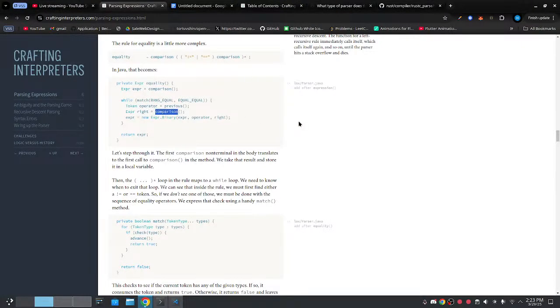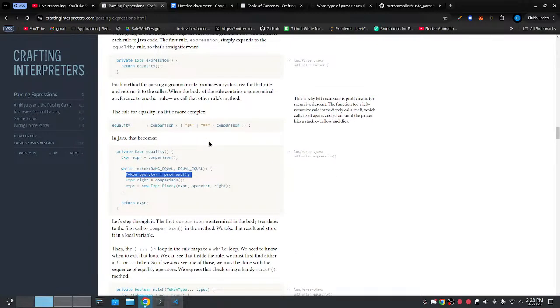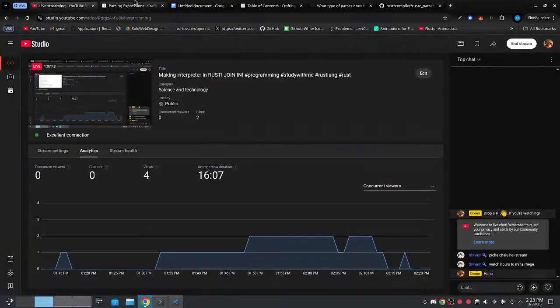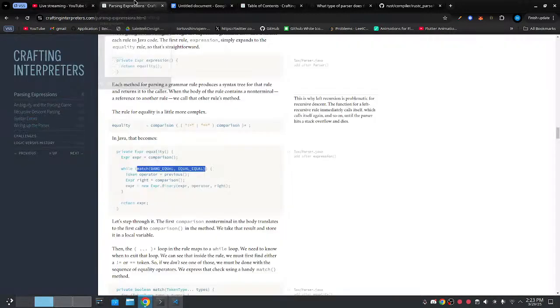Okay, why are we taking that token operator equals previous? What is the meaning of this? Why do we have to take this? Okay, this is an operator here. I guess this would match the current token to be equal to bang equal or equal equal. Most probably that is the case only, and if this is true, then we can just extract.